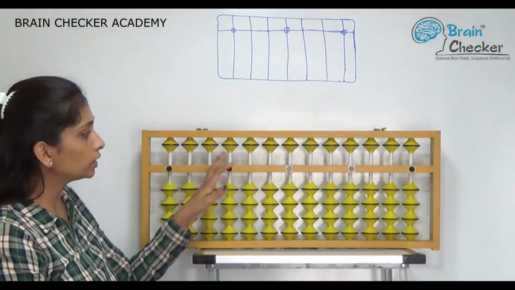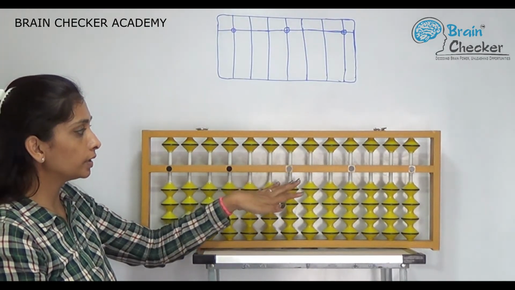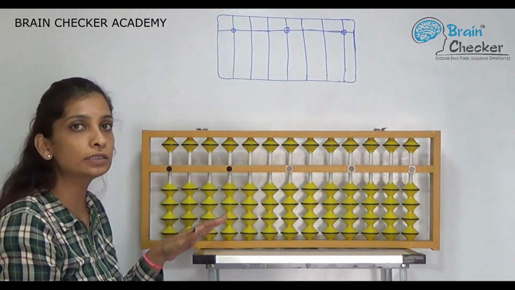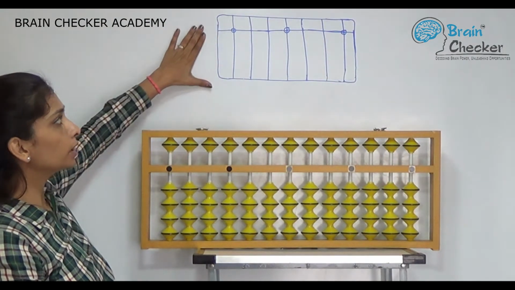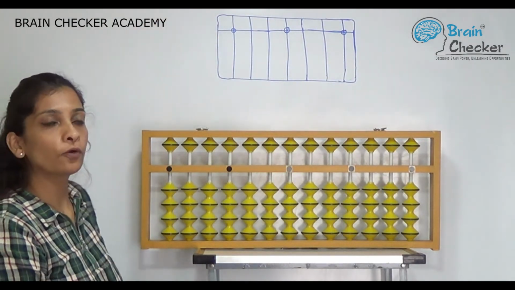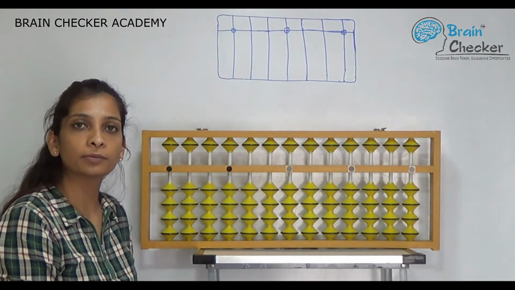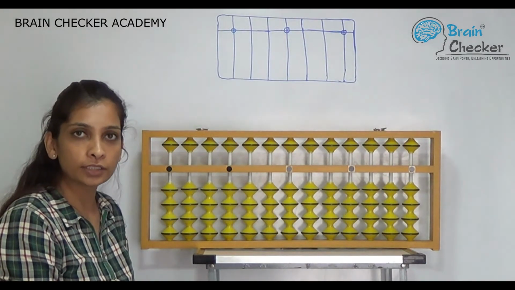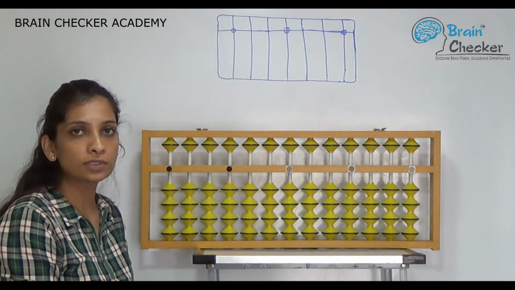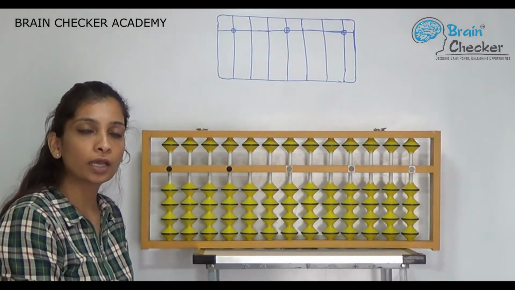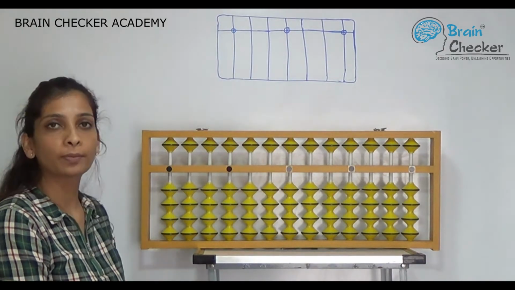Now we have learned and seen the beads, and we have understood the abacus. Let's draw some beads on the actual abacus. For that purpose, Brain Checker Academy has given you a worksheet which you have to download, and then you can do this paper practice.